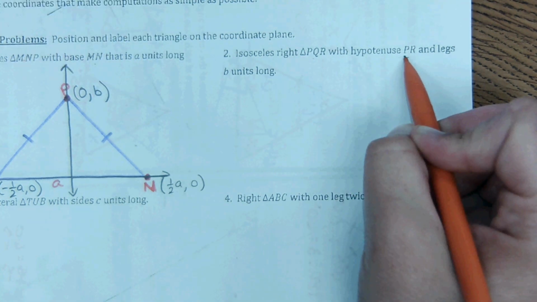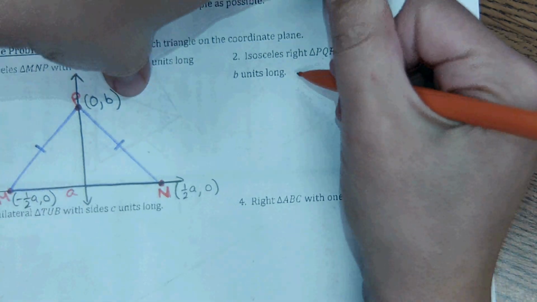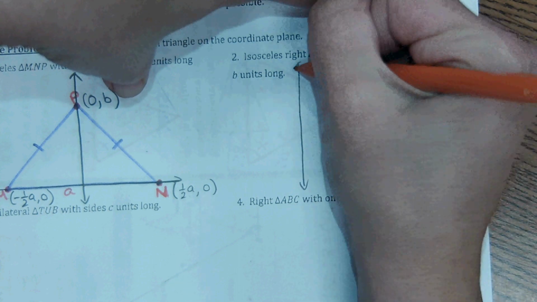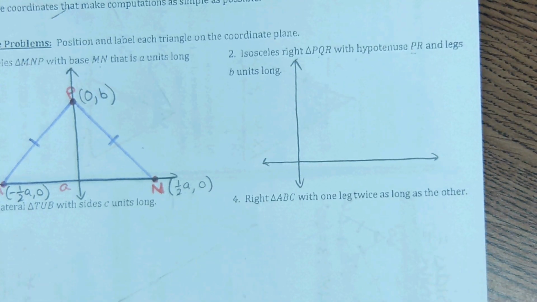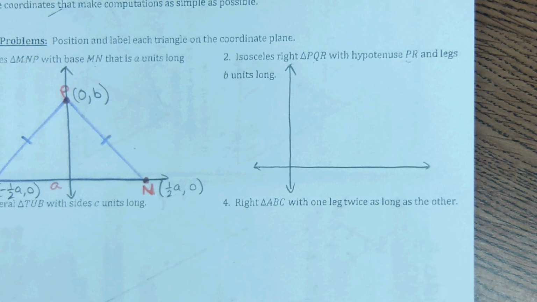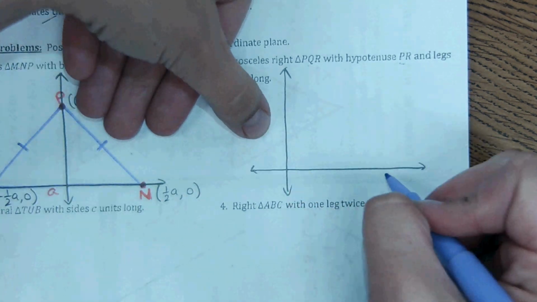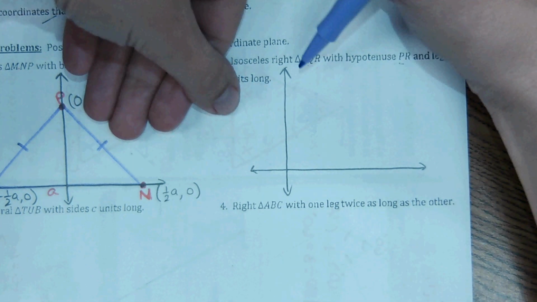Okay, so now number 2, just looking at a different situation. Isosceles right triangle PQR with hypotenuse PR and legs B units long. So this one will look like this. Draw a coordinate plane.